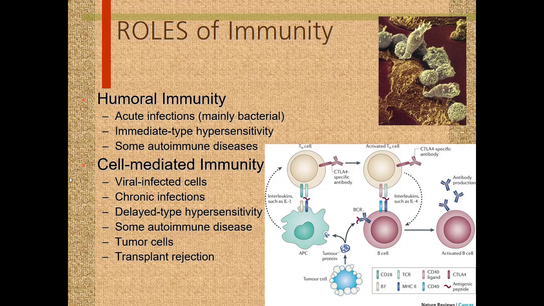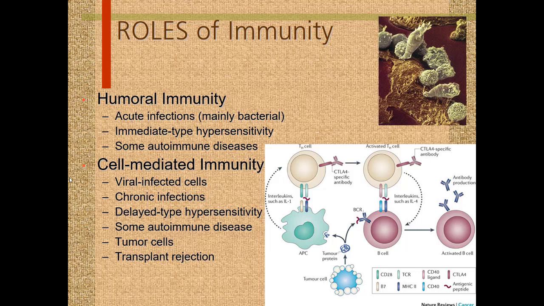Gonorrhea, caused by Neisseria gonorrhea, that's an acute infection. Remember, those are extracellular antigens. They are outside of your host cells. Humoral immunity is also involved with a type of allergic reaction called an immediate type hypersensitivity. Will be covered on the next video. And some autoimmune diseases are related to it.